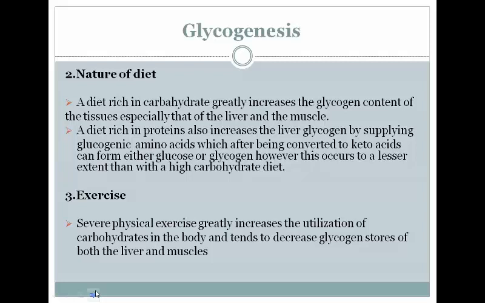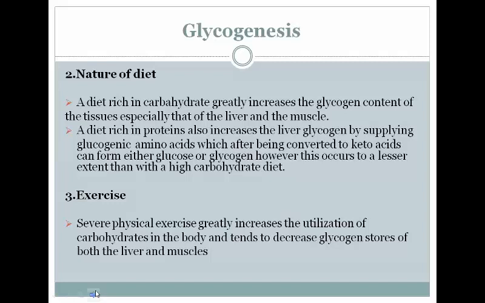And a diet rich in proteins also increases the liver glycogen because they also supply glucose by another route, and after being converted to keto acid can form either glucose or glycogen, but this occurs to a lesser extent than with the carbohydrate rich diet. So the protein diet can also increase the glucose level and ultimately the glycogen content of the tissue, but to a lesser extent as compared to a carbohydrate rich diet.